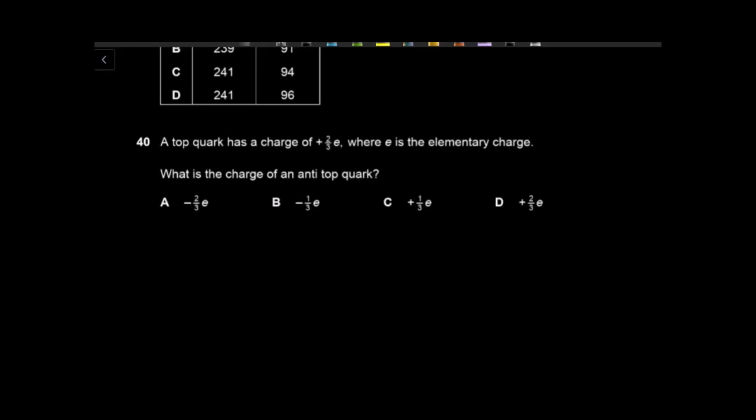So here the charge of the quark is given as plus 2 by 3 e. Therefore the anti-top quark charge is minus 2 by 3 e.